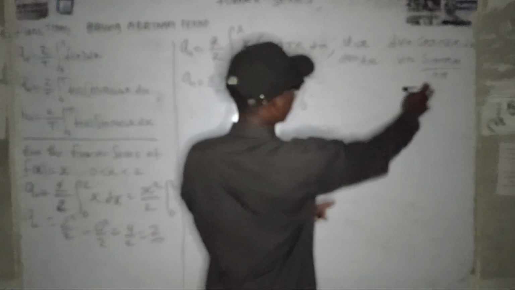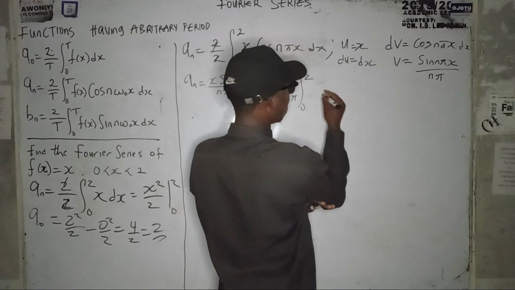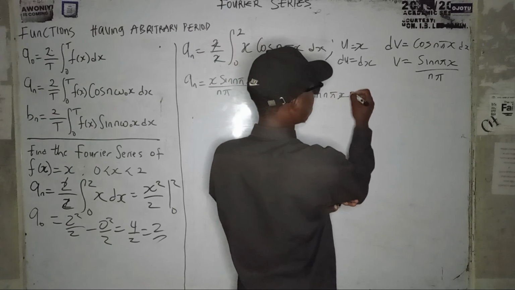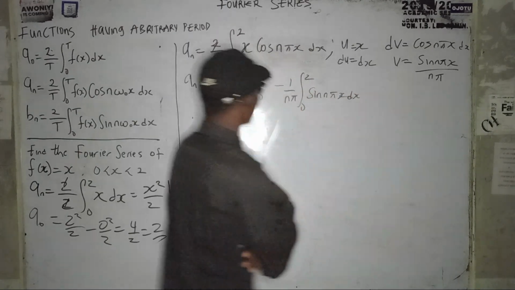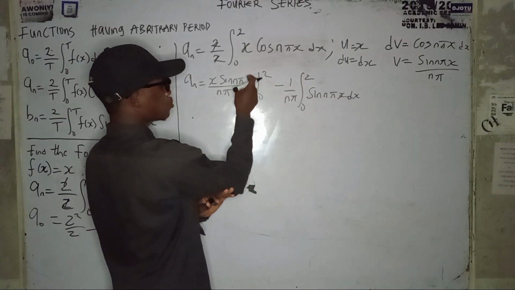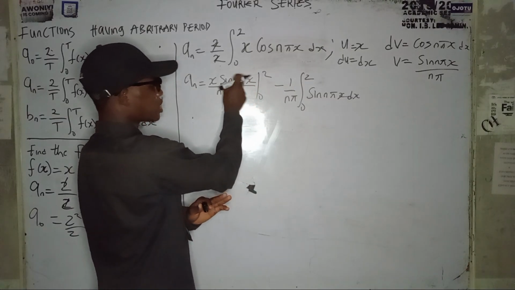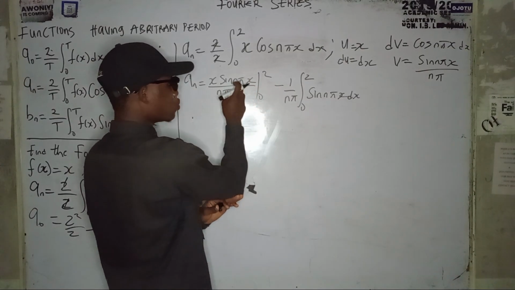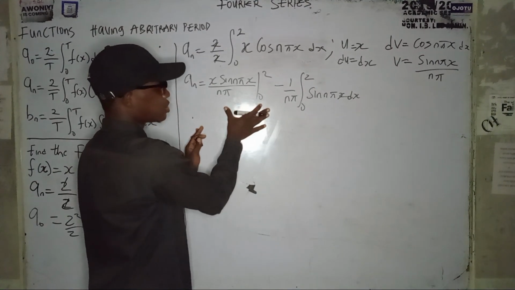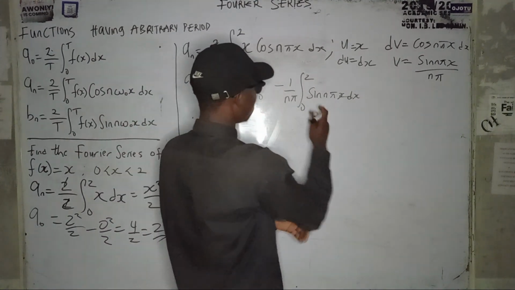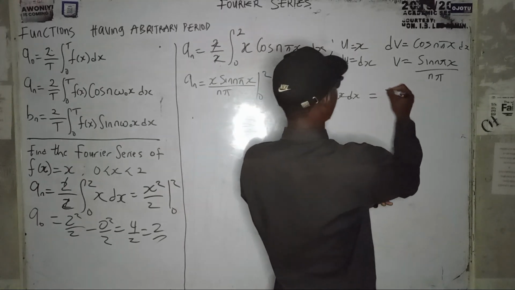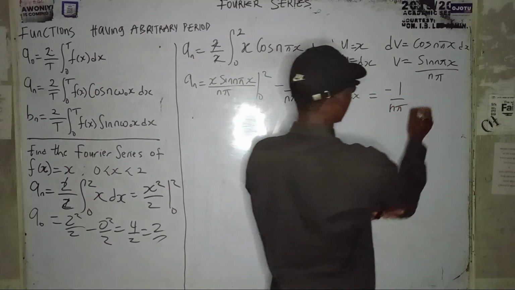We bring the 1 over n pi outside, then we have sine n pi x dx. If we put 2 here, the pi makes it 0, and if you put 0, this is also 0. So this entire term gives us 0, which leaves us with minus 1 over n pi.